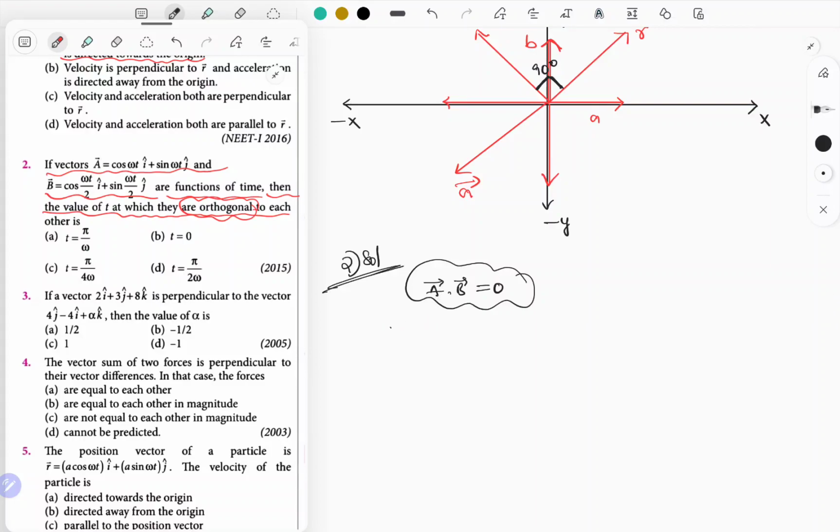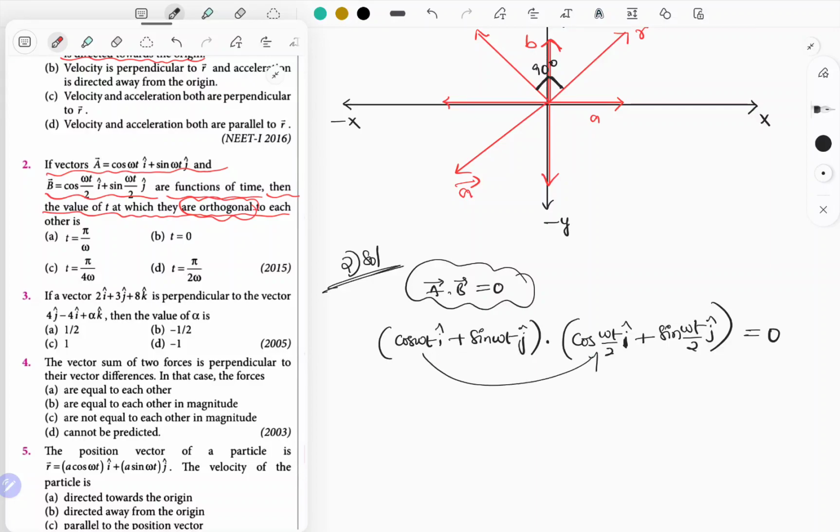A bar is cos omega t i cap plus sin omega t j cap, dot cos omega t by 2 i cap plus sin omega t by 2 j cap. Dot product of these two vectors is 0.